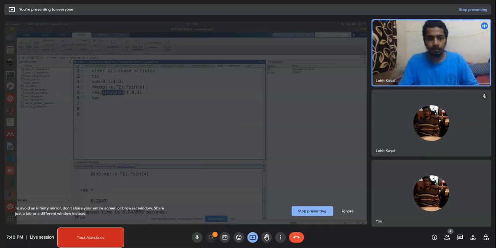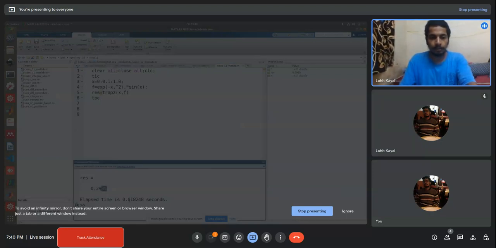Now here you need to use trapz(x, f). Let's see the answer. 0.2935. Okay, it is not 0.2947, and the time required is less. Previously it is 0.04, now it is 0.018.